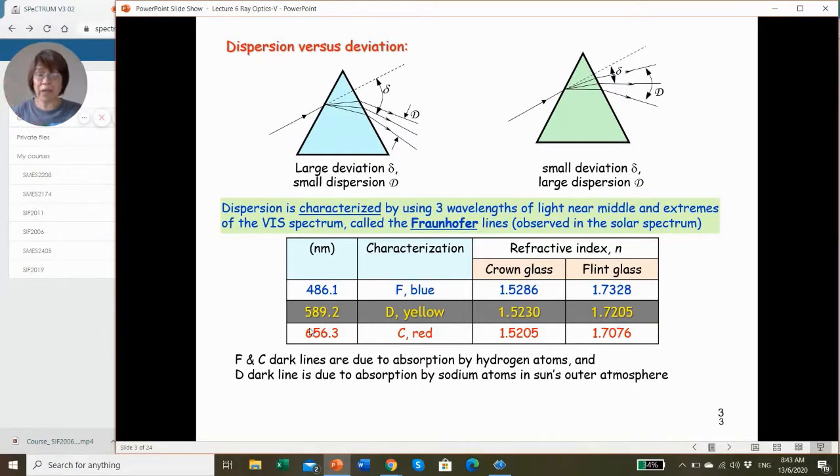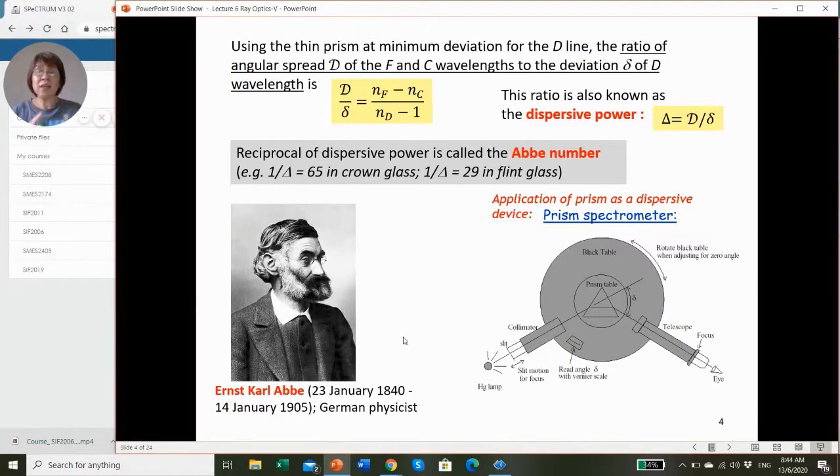That's given a symbol D. And the longer wavelength is given by 656.3, which is a red line due to absorption by hydrogen atoms, and that's given by a symbol C. Now, using a thin prism at minimum deviation for the D line, the ratio of angular spread of the F and C wavelengths to the deviation of the D wavelength is given by this ratio here.